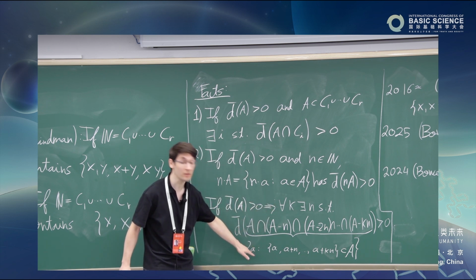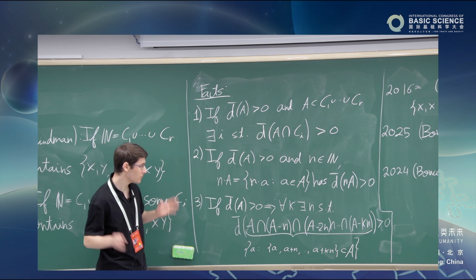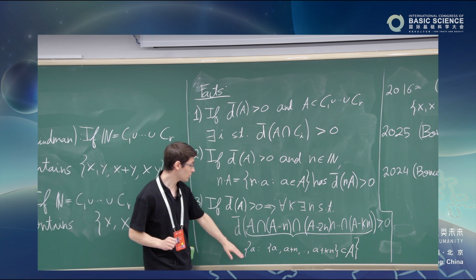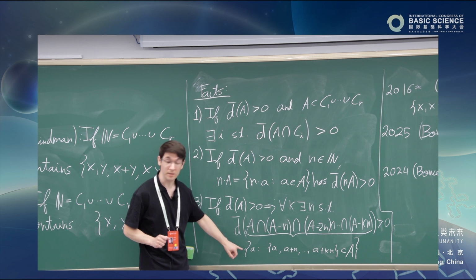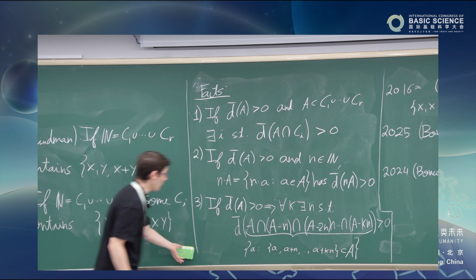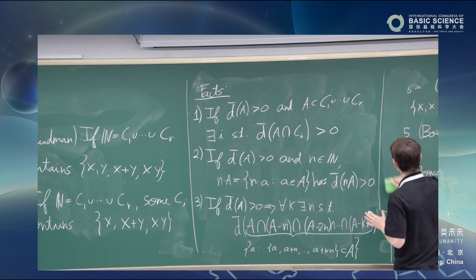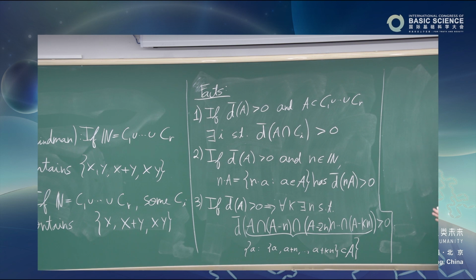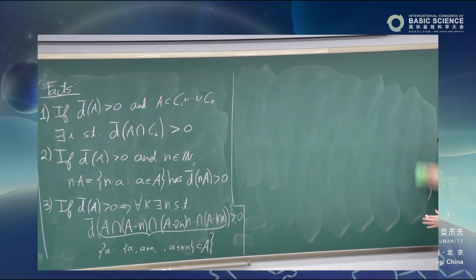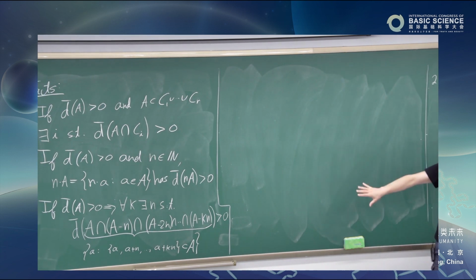There is some arithmetic progression inside A, but you can run an averaging argument, if you know what that means, to conclude that there's actually a positive density set of such a's. So that's all I'm using here. Any questions about the background?